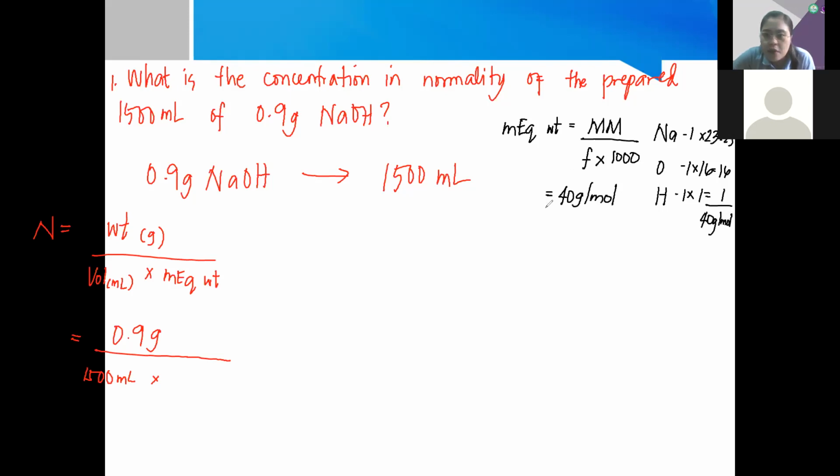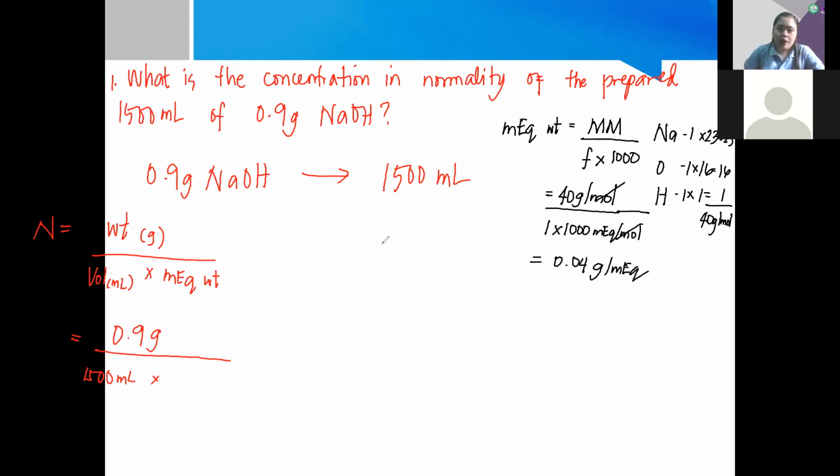40 grams per mole divided by the Bf. This one is a base and it only has one hydroxide. So automatically the Bf is 1 times 1,000. Remember our unit, this is MEQ weight, so this is MEQ per mole. Okay, cancel the mole. This is 40 divided by 1,000 is 0.04 grams per MEQ.